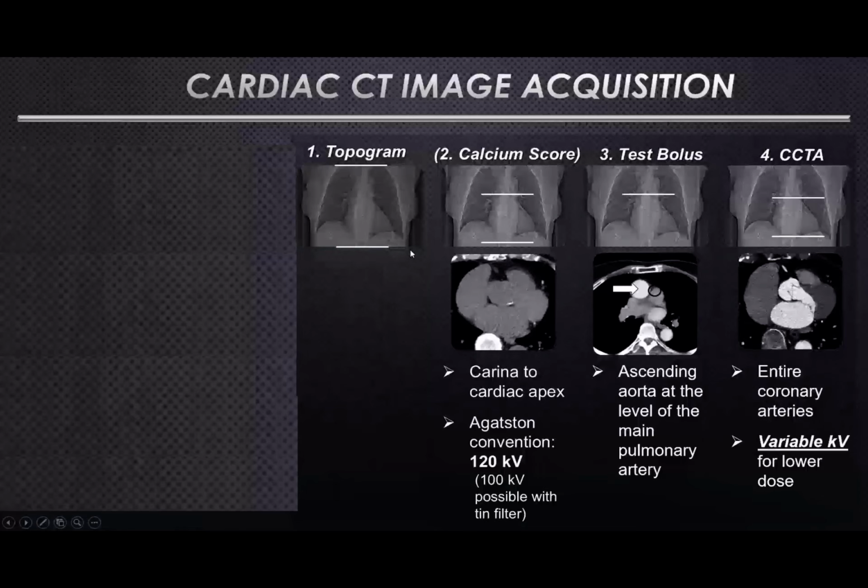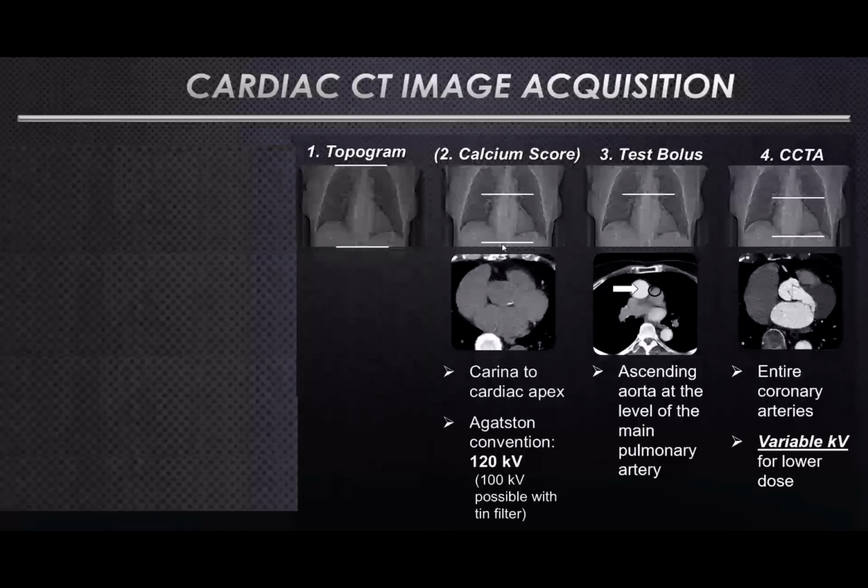As a second step, which you don't necessarily have to perform, there is the calcium score. In very young patients that don't have a high coronary artery disease risk, you would not perform the calcium score. In all others, we routinely do this in our protocol. This is normally from the carina of the trachea up to the dome of the diaphragm and the lower range of the heart.